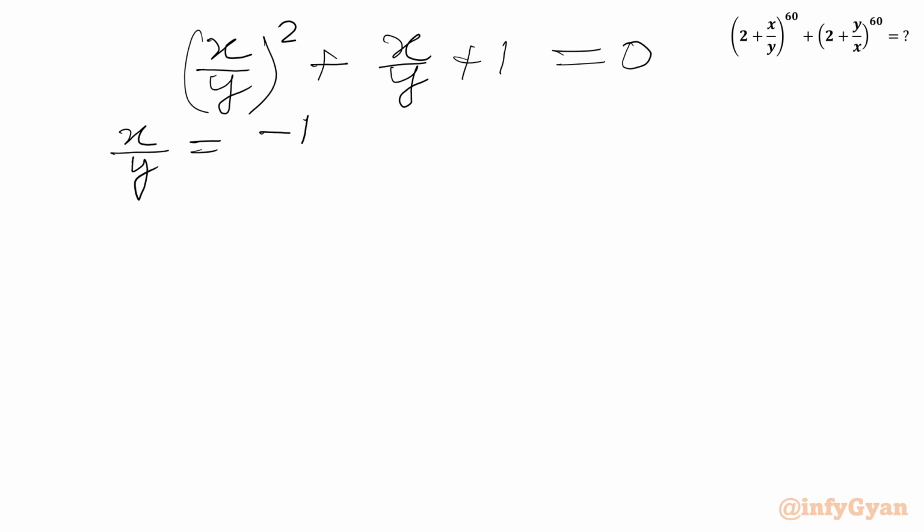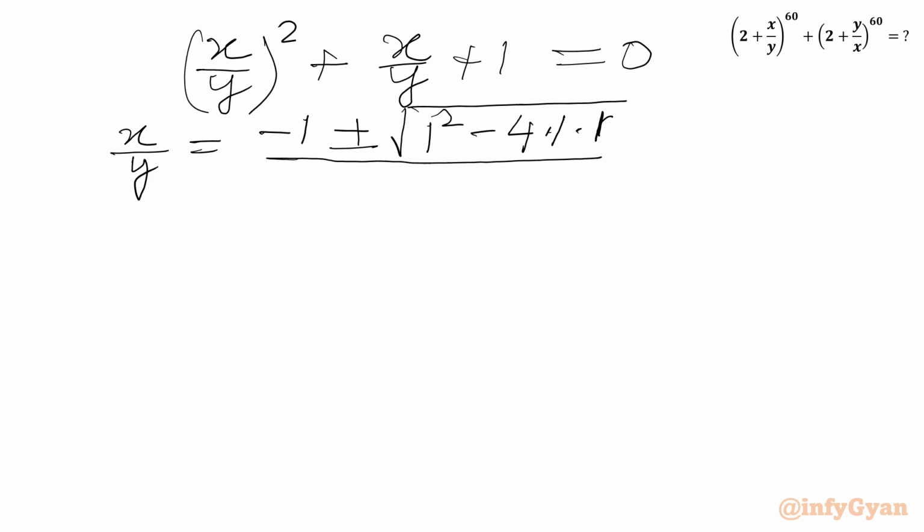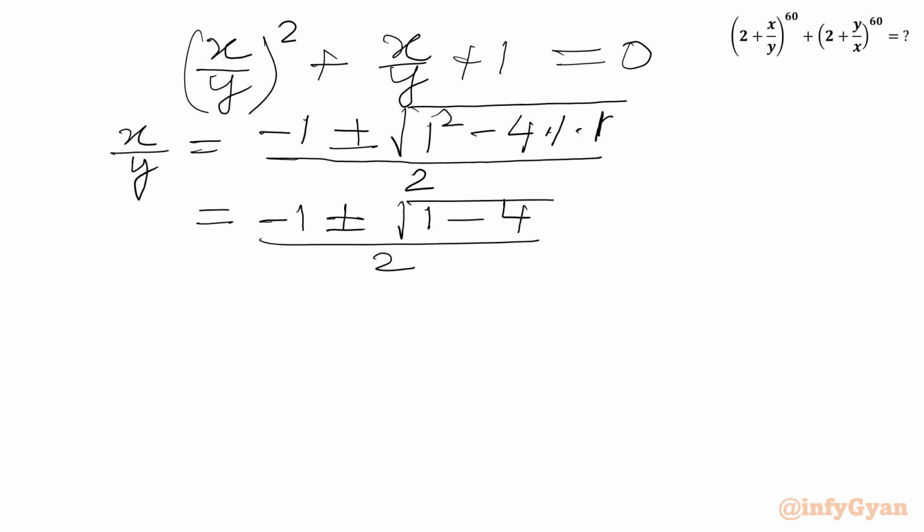The coefficient of x over y is 1, plus minus square root of 1² minus 4 times coefficient of (x/y)² is 1, which is a. C is constant plus 1, so I will write 1 over 2 times 1, so 2. So I can write (-1 ± √(1 - 4))/2, or we will write (-1 ± i√3)/2.